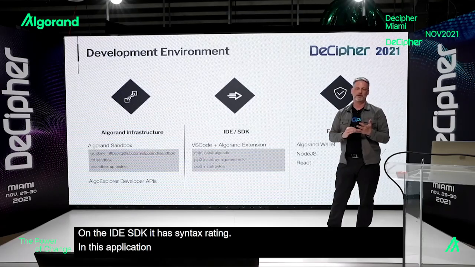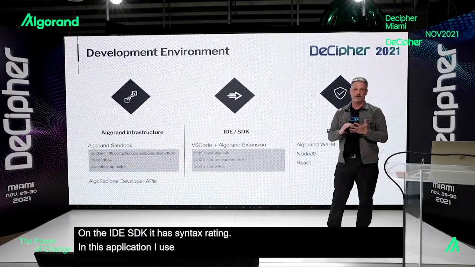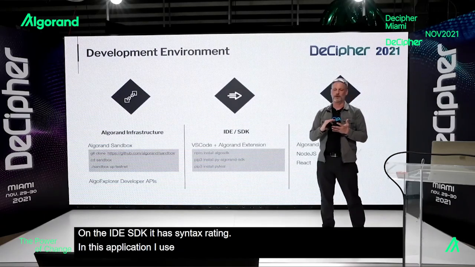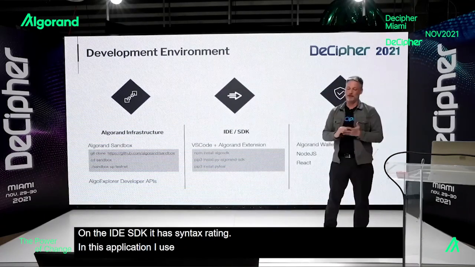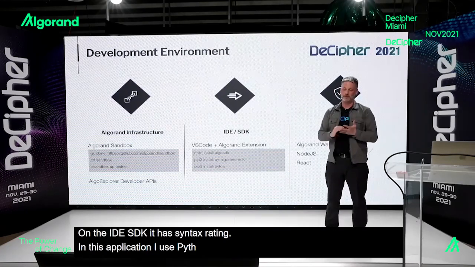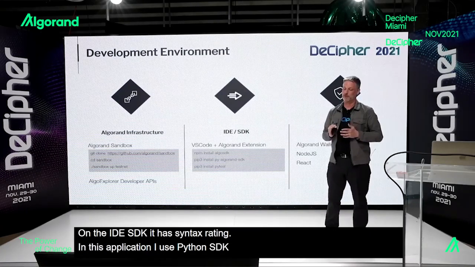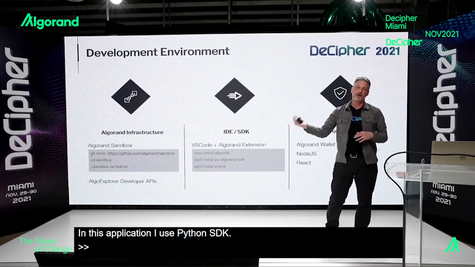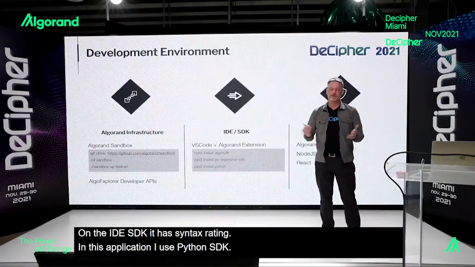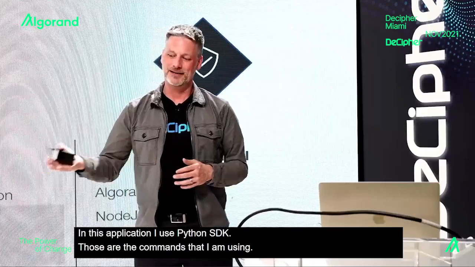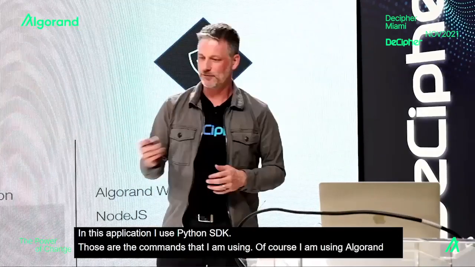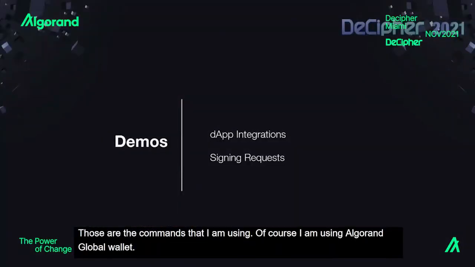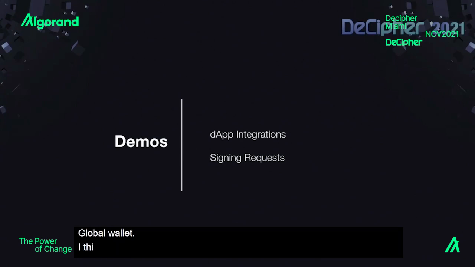So I'm using the Python SDK, and I have a front end that is built using Node.js. So I am using the Algo SDK JavaScript library as well. So those are the commands that I'm using there. On the front end side, of course, I'm using the Algorand mobile wallet. That's what this is all about. I've got Node.js and React, as I said. So that's what we'll take a look at. I think this is when we switch over to here.